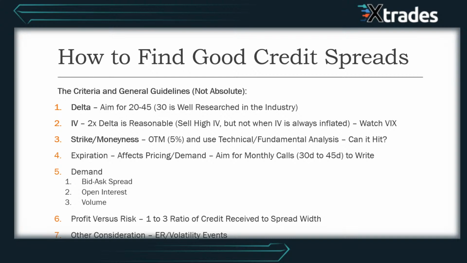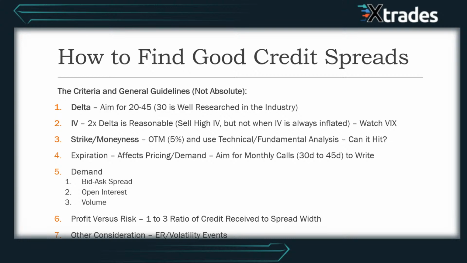Like if I'm paying $9 to make $1 on a debit spread, maybe I won't find that to be so attractive, right? And so it's the same thing for this. That's why we're looking for that 1-to-3 ratio, because it provides a good balance of risk to reward for us as well as them, because we need somebody to buy those spreads that we are selling.